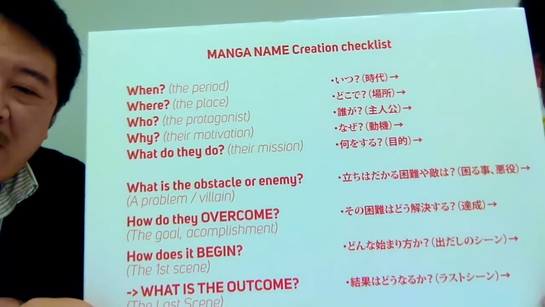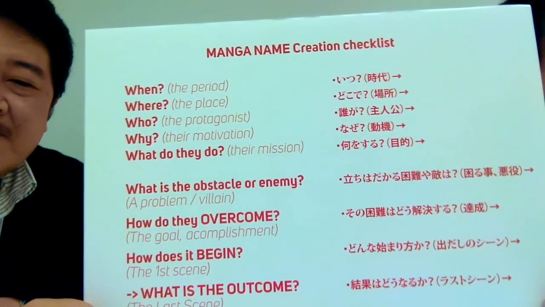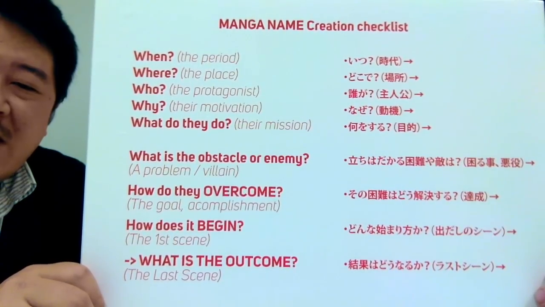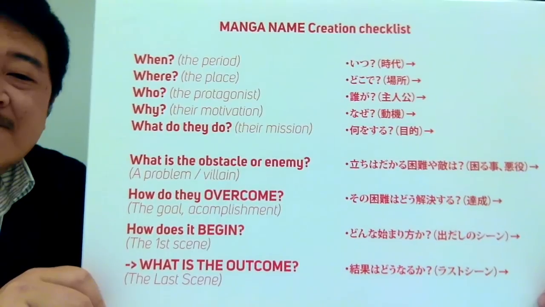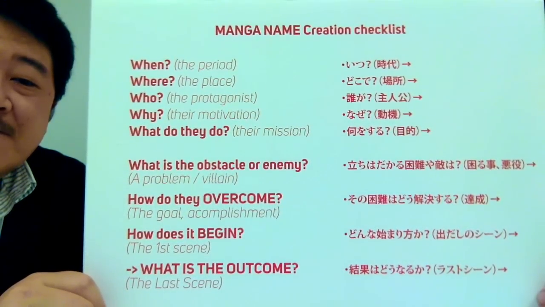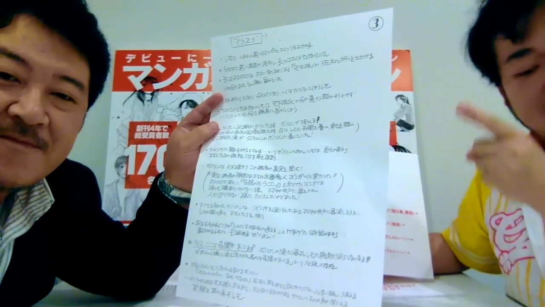How do they overcome it and accomplish their goal? How does it begin? The first scene. What is the outcome? The last scene. These are really simple questions you can answer quite easily.